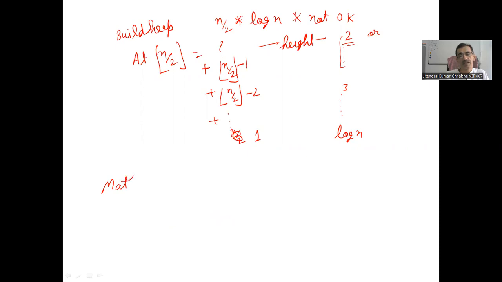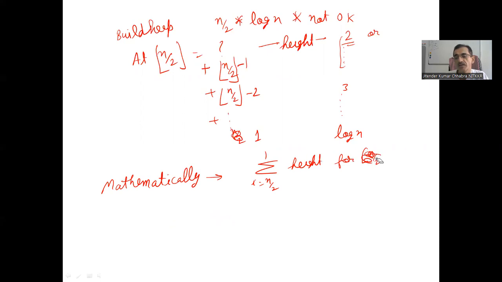Mathematically, if you calculate this particular summation, where i goes from n by 2 to 1, using the height of node i, then this will actually come out to be order of n only.